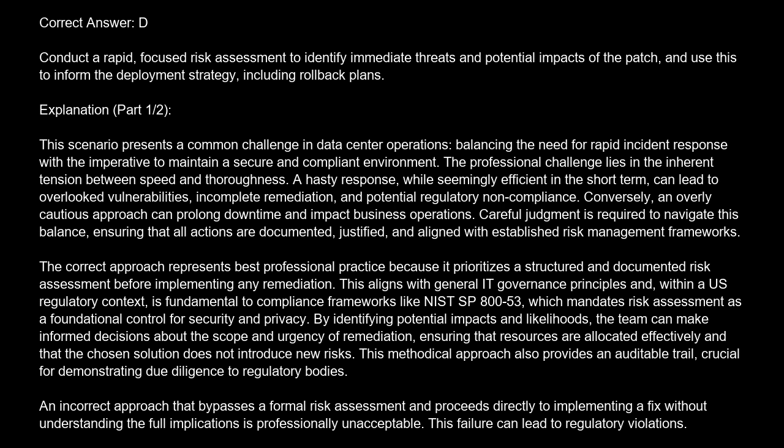By identifying potential impacts and likelihoods, the team can make informed decisions about the scope and urgency of remediation, ensuring that resources are allocated effectively and that the chosen solution does not introduce new risks. This methodical approach also provides an auditable trail, crucial for demonstrating due diligence to regulatory bodies.